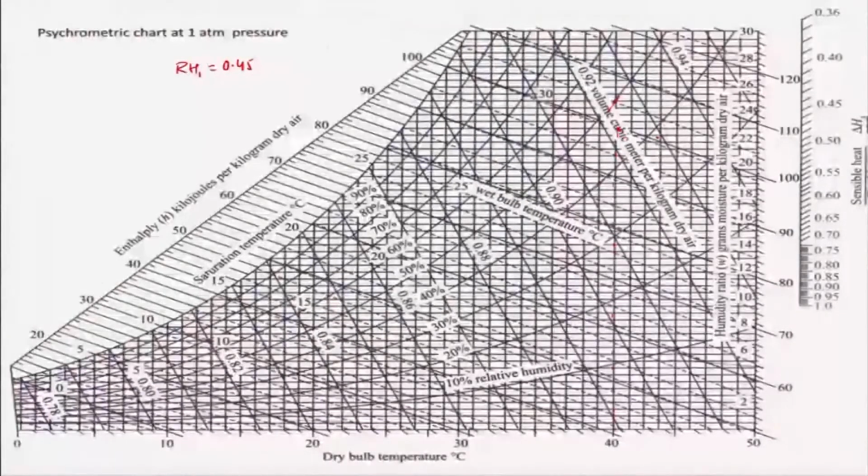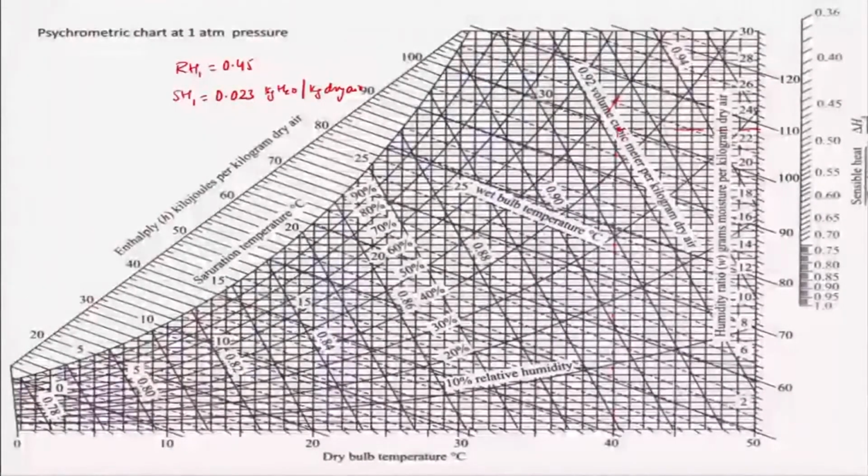And then I want to get the specific humidity. How will I get it? I go from this point directly here. This is 22, and this will be something like 23. That means I got SH1 equal to 0.023 kg of water per kg of dry air. This is in grams, so it will be 23 grams.